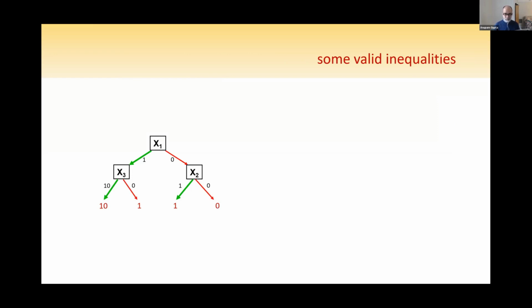So there is some optimal decision tree. Let's say this is the optimal decision tree. I'm going to write down some valid constraints on these things. Let's look at the following. This is one path down the decision tree.